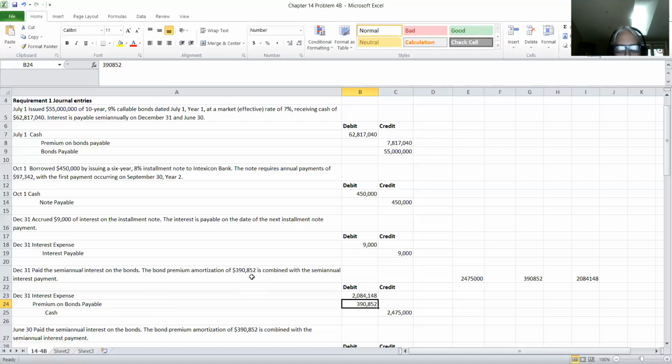That debit amount is reducing this premium on the bonds payable. So we are debiting it to reduce the premium amount. When you amortize, you're reducing the premium. The two of these combined is the total cash amount that would be paid out. Notice that cash amount is equal to the bond interest expense payment. You see how we got that there.